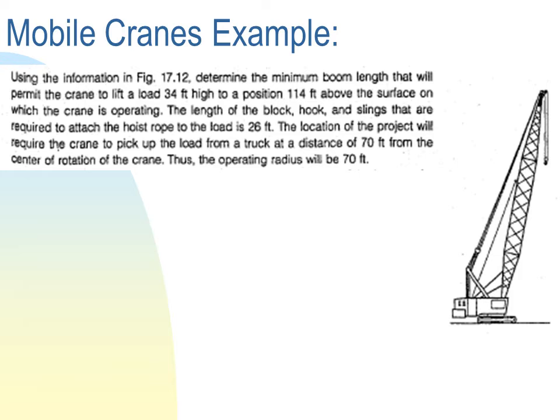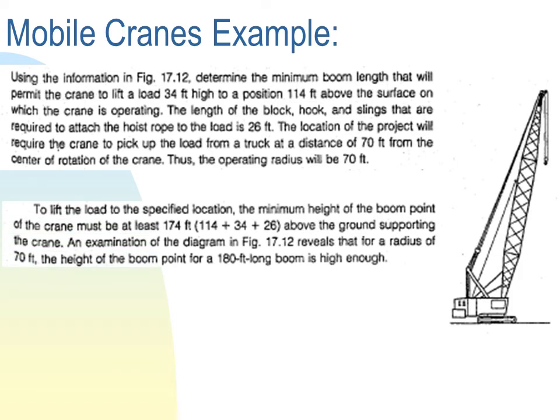So in such a case, we should add up all these numbers in order to understand the total height of the boom that we should pick. And using also the horizontal distance, the radius of 70 feet, we will understand that the height of the boom together with this horizontal distance will give us a 180 feet long boom based on figure 17.12.